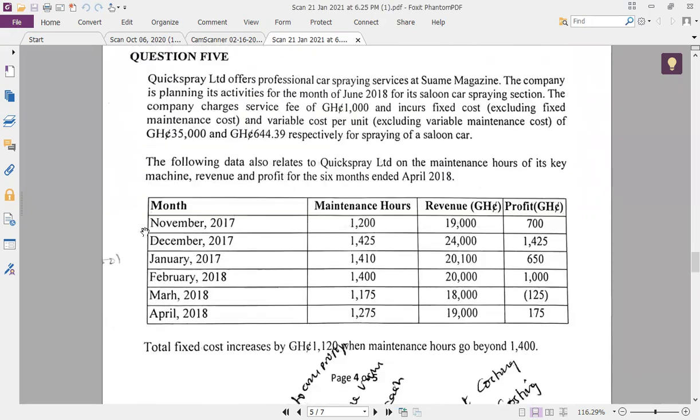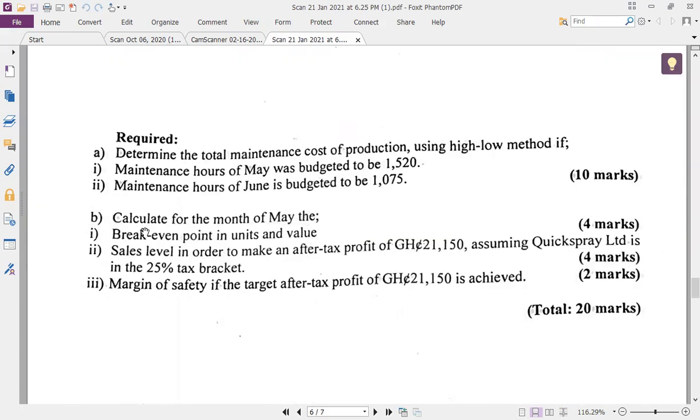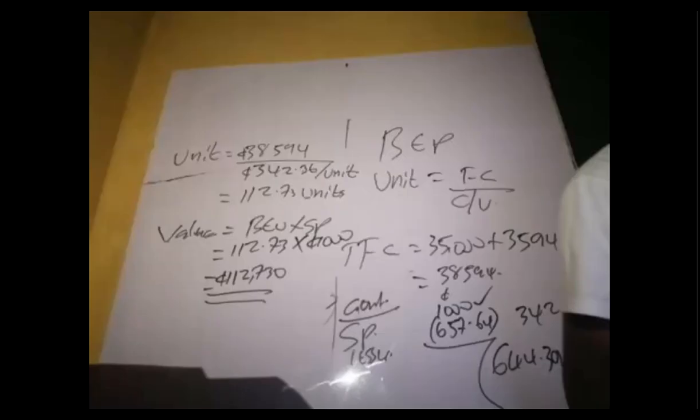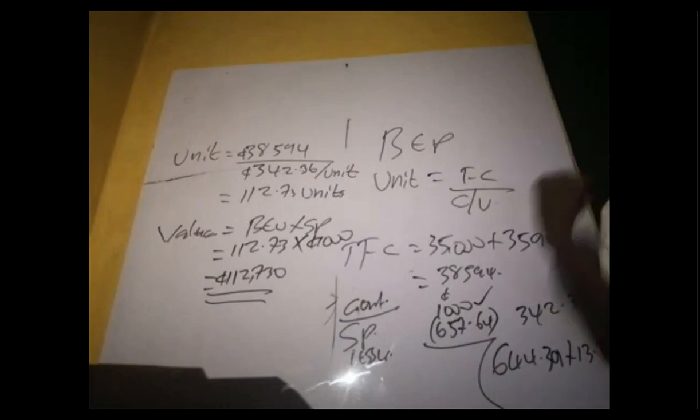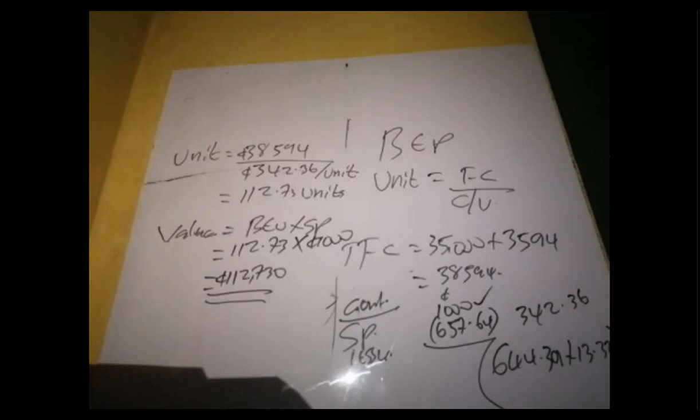Okay, so let's go straight to the point. Sales level in order to make an after-tax profit. Now, this is either units required or sales revenue required to make a certain profit.